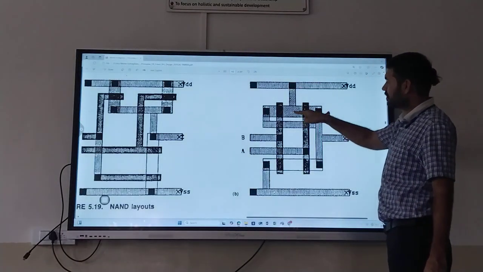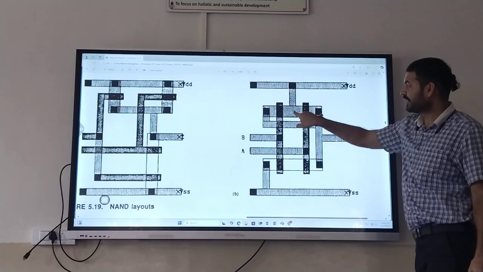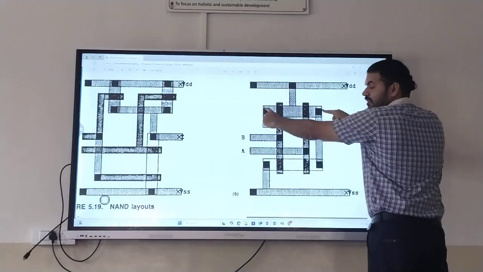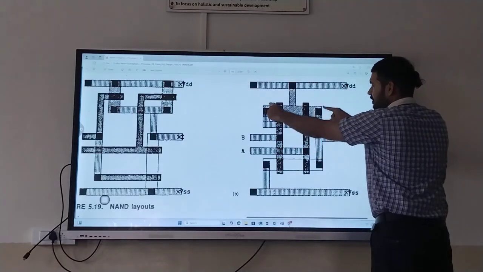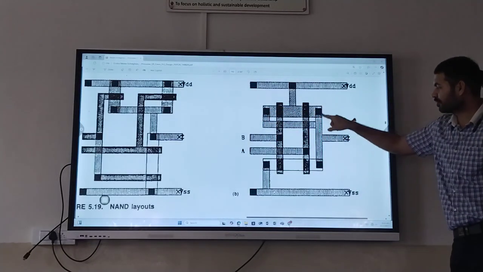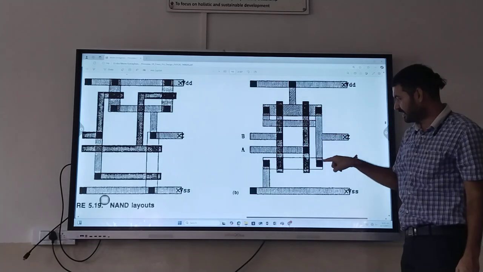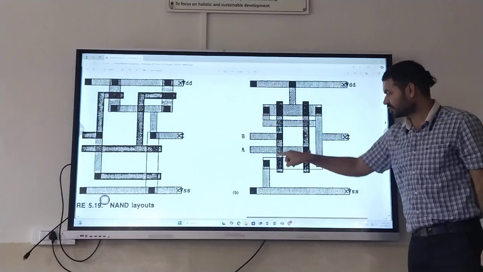Source of these two MOSFETs are shorted to VDD. So these two become drain. Both the drains are shorted and brought down. So the drain to drain short is the output.